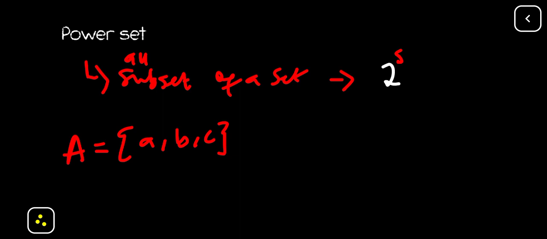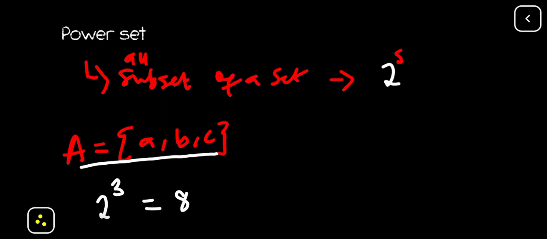So signifying it as 2 raised to s, where s means the number of elements in the set, our power set is going to be 2 raised to 3. And we know that 2 raised to 3 is 8. So in other words, the number of subsets we can get from the set containing 3 elements is 8. We explained before that a subset is a child of the universal set, or a child of a particular set.